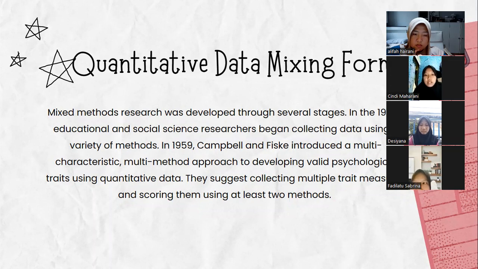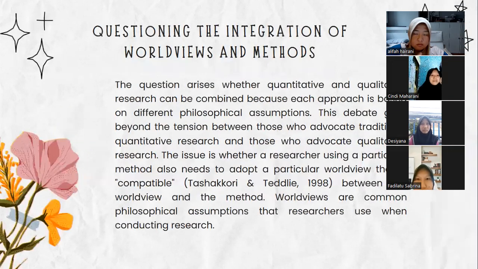In 1959, Campbell and Fiske introduced a multi-trait, multi-method approach to developing valid psychological traits using quantitative data. They suggested collecting multiple trait measures and scoring them using at least two methods.